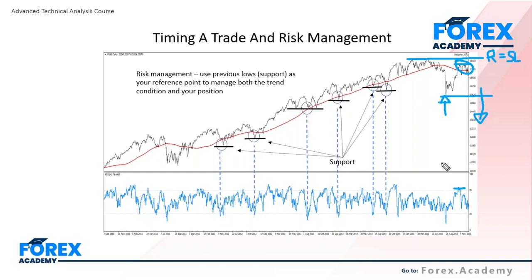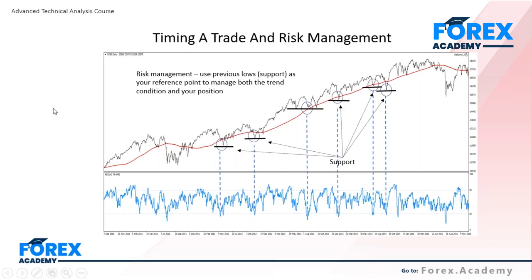Therefore, that setup, you may come to the conclusion, offers you a very attractive risk-reward opportunity to go short. So what we've seen by this illustration is how we can take the components that we've looked at and identify at a relatively early stage a possible change in the direction of the trend, which would then equate to a change, if you are correct, in market sentiment.